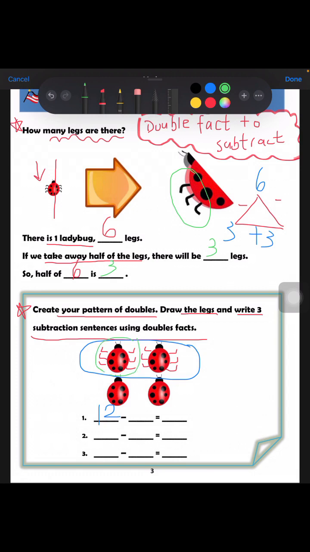That means half of the ladybugs. So how many legs will be taken? Yes, 6 legs will be taken. And there is 1 ladybug left. So how many legs does this ladybug have? Yes, it's 6. For the remaining 2 number sentences, you may also try at home and draw the legs and write down 2 subtraction sentences using double facts.